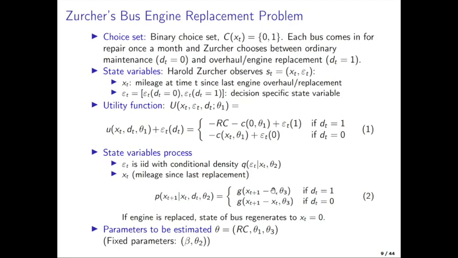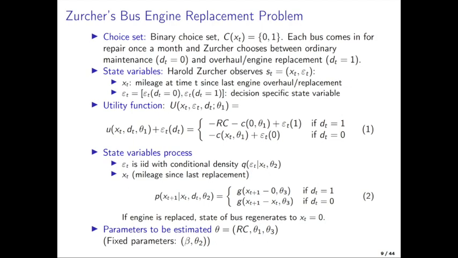You can see that here, you put in a 0 instead of X. Okay, so this is the motion rule that determines how the bus mileage is evolving over time as a function of the mileage today and as a function of whether you replace the engine or not.